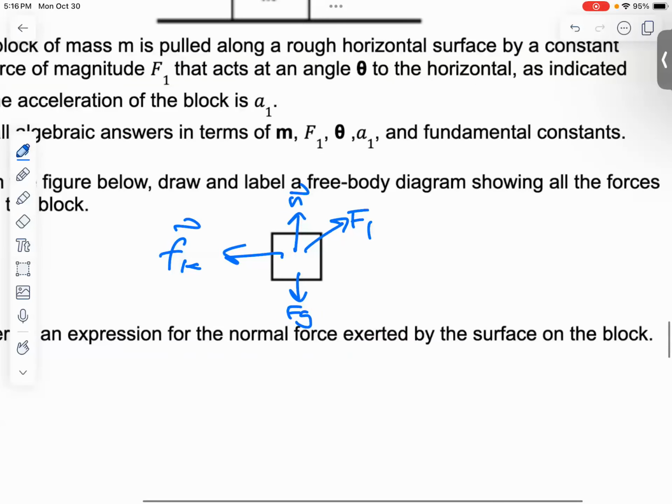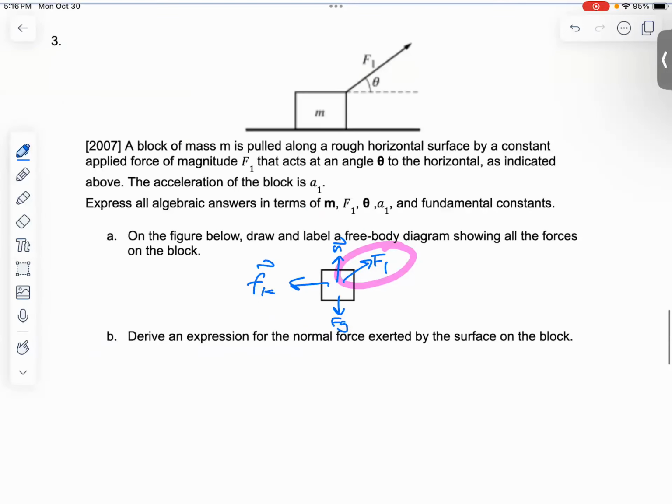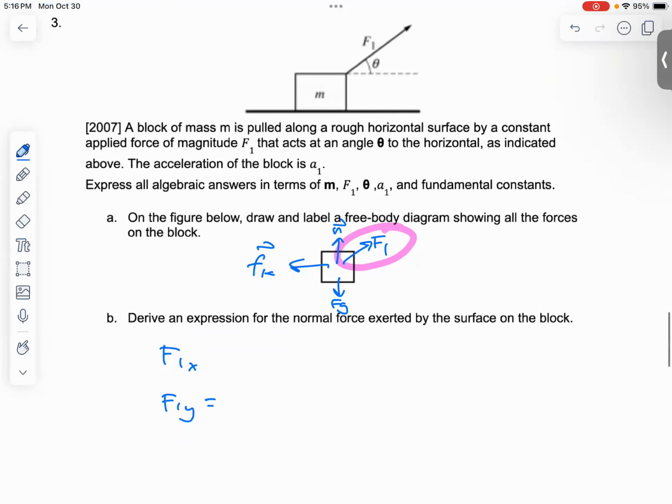So that means what we need to highlight is our F1, because we need to split the F1 into F1x and F1y. Well, specifically F1y, because we're looking at the normal force. So F1y would be F1 sine theta, opposite side.